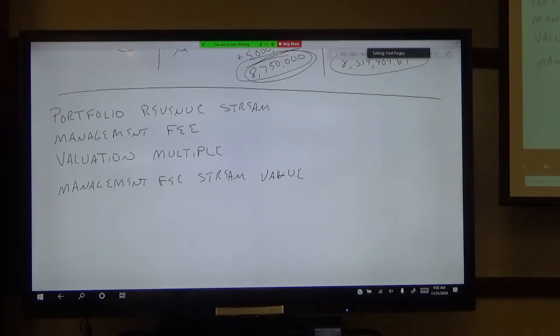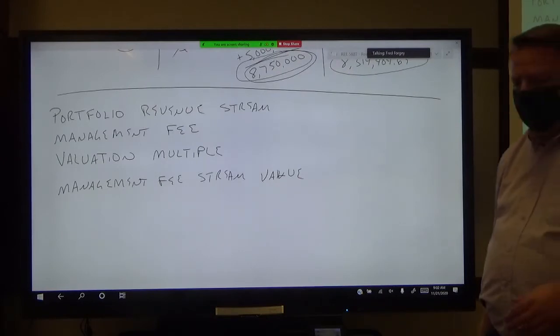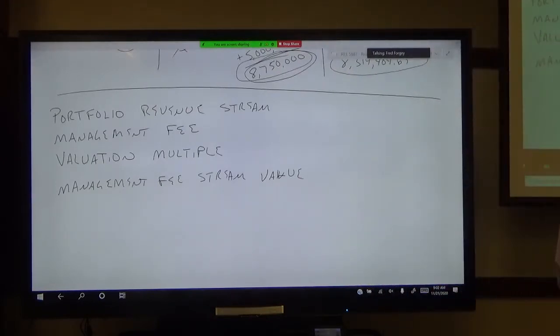Now, as it relates to ownership structure, fundamentally, whenever you go to invest in real estate, you've got a variety of options at your disposal of how you can own that real estate.